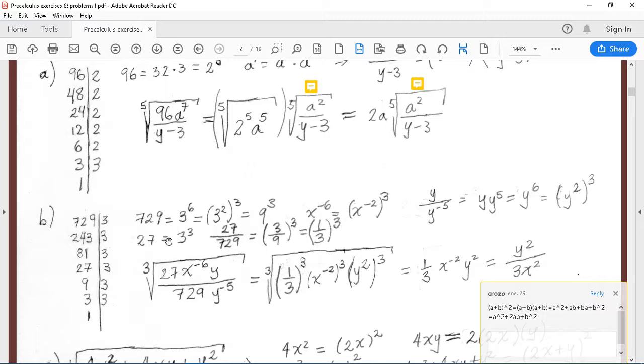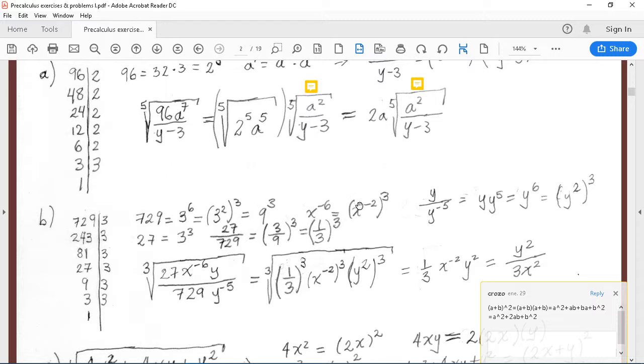And 27 is 3 cubed, 3 to the 3rd power. So 27 divided by 729 equals, in parentheses, 3 over 9 to the 3rd power, which is 1/3 to the 3rd power.